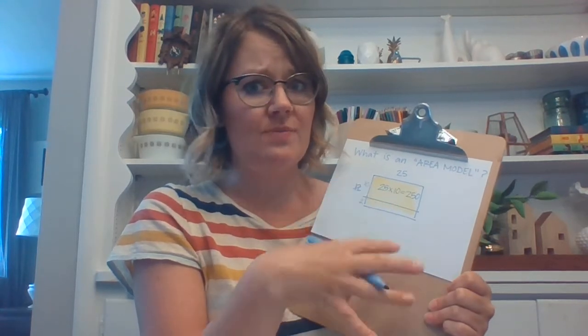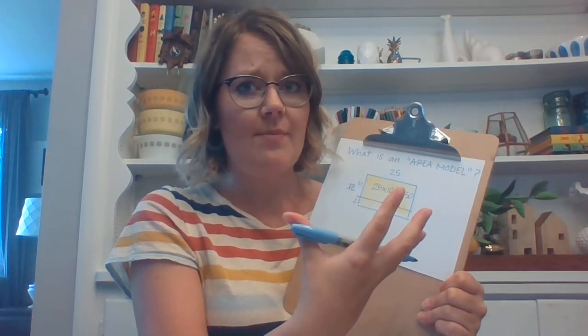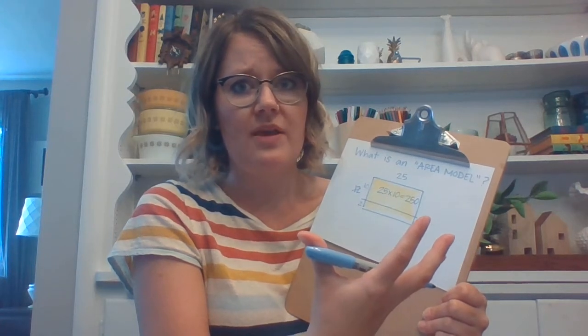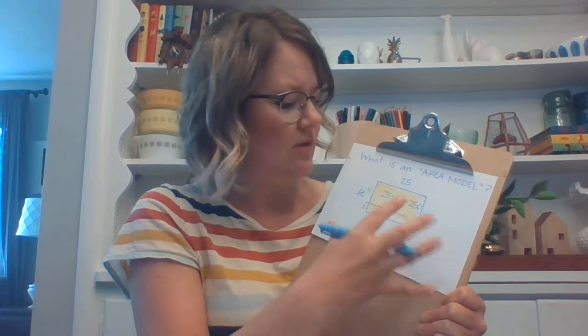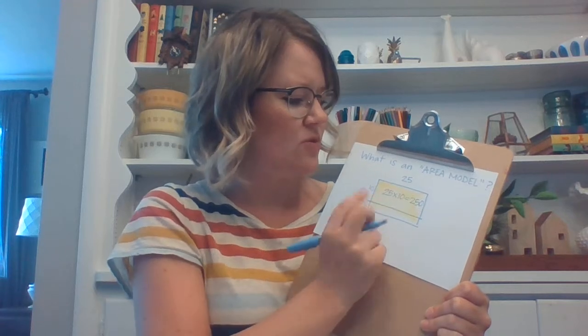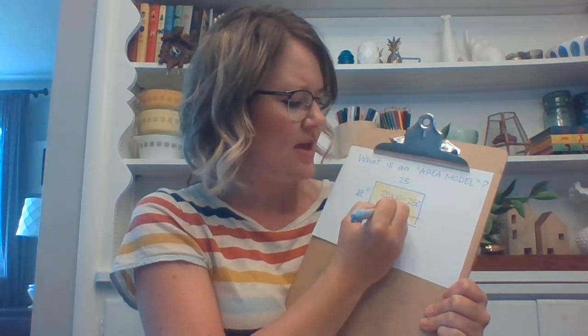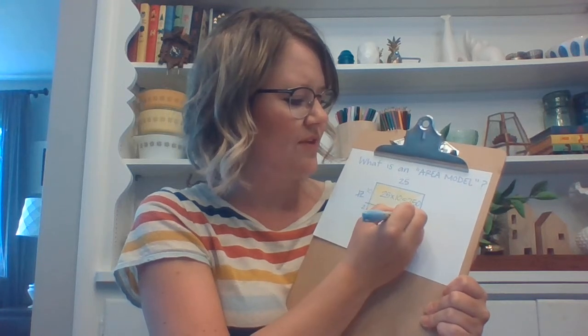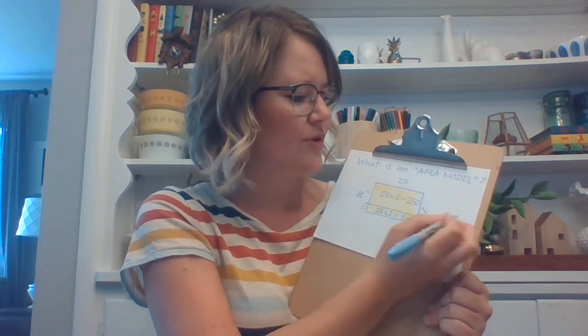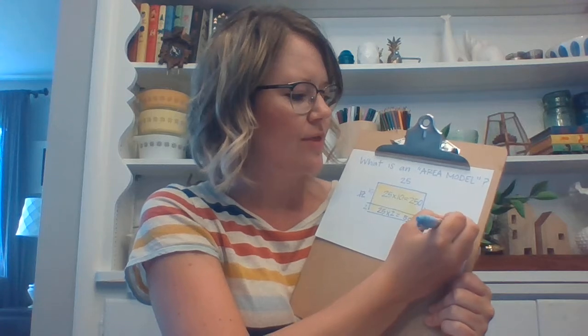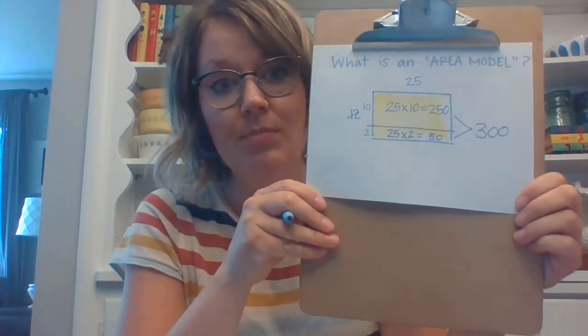And we can break it into as many chunks as we want, as long as we can multiply those parts quickly and efficiently. Then we can do 2 times 25 here, because this area would have the dimensions 25 by 2, and that's 50. So then I can put those two together to get 300, and that's the inside part of my array.